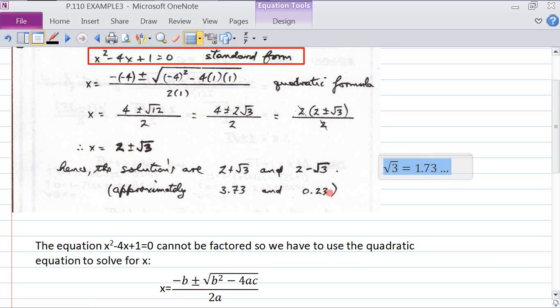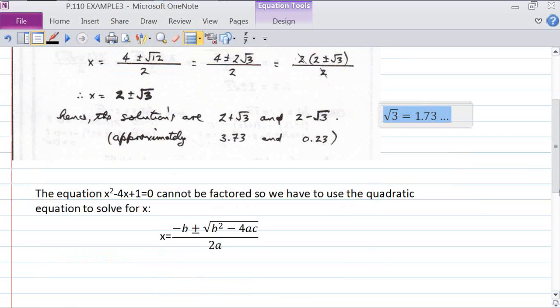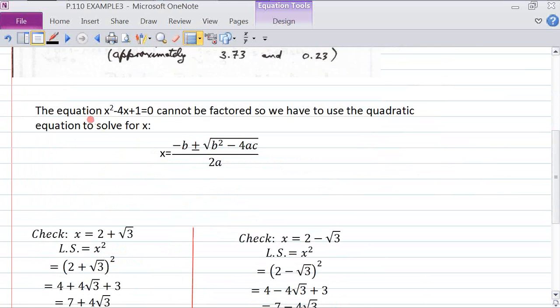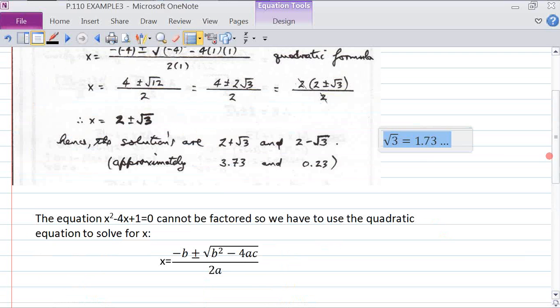I think this number should be 0.27. Okay, so to summarize, the equation x squared minus 4x plus 1 cannot be factored, so we have to use the quadratic formula to solve for x. There are 2 solutions, 2 plus root 3 and 2 minus root 3.